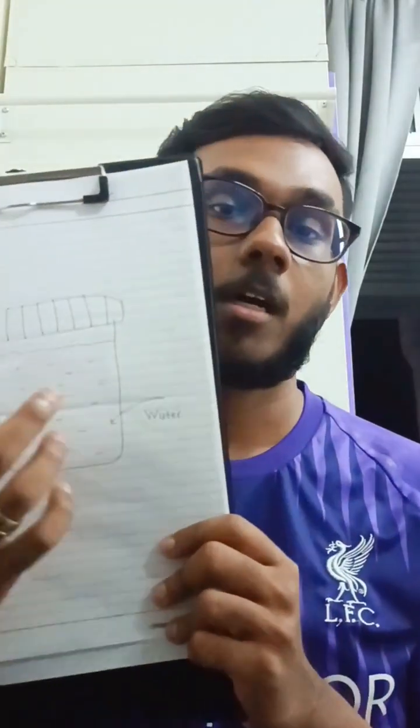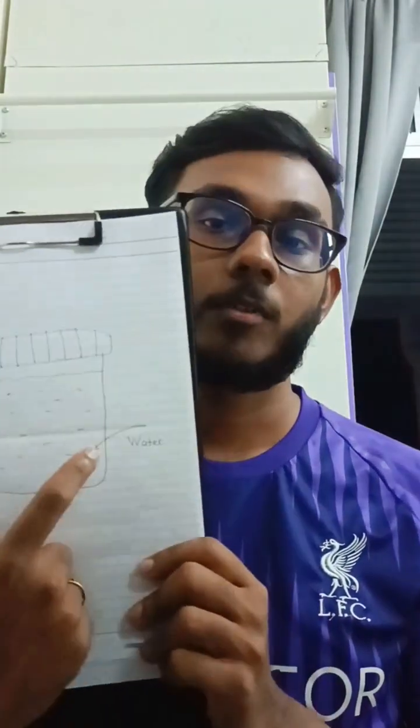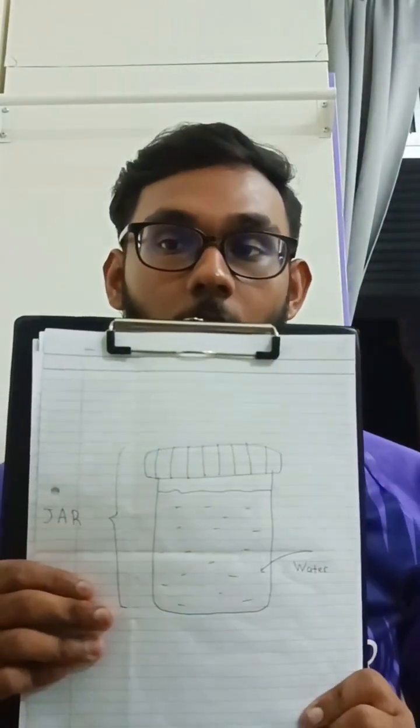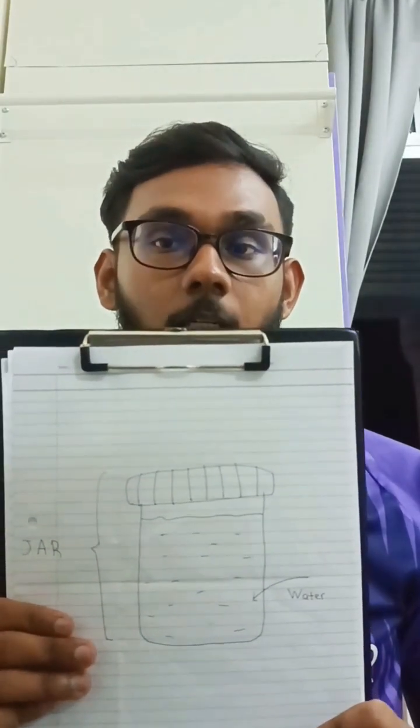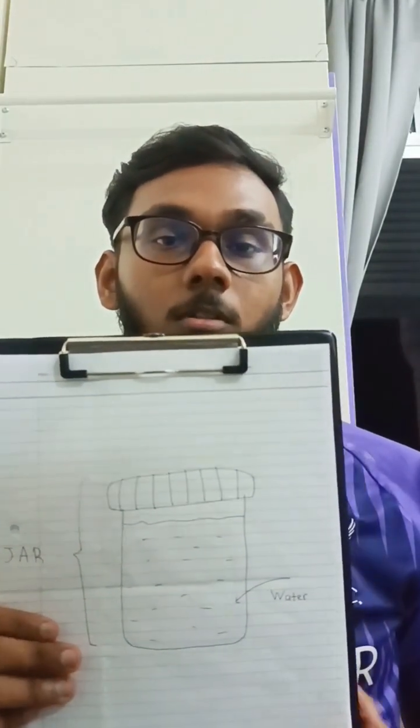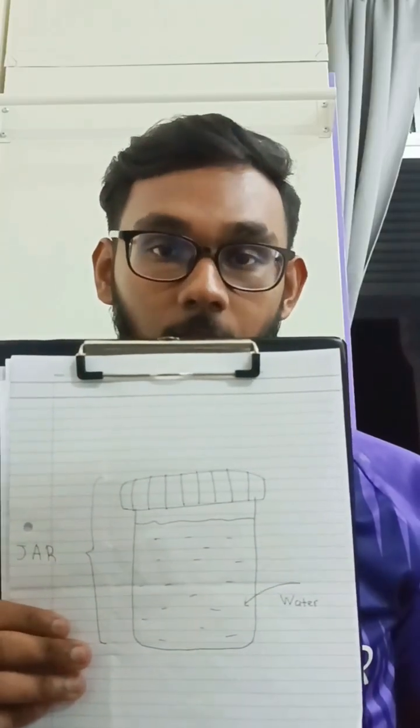I'm going to give you an easy example of what RTT actually means. So let's say we have a jar over here and the jar is filled with water. What's happening inside this jar is what we use the rule RTT for.